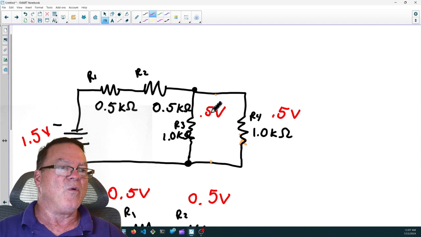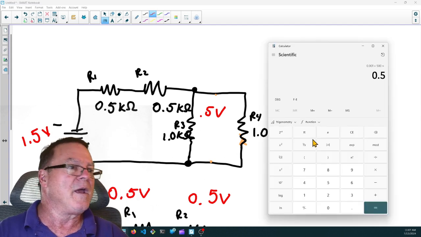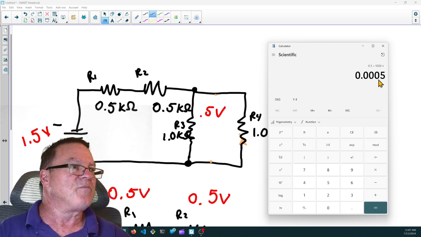So here, 0.5 volts divided by 1,000. Let's try that. 0.5 divided by 1,000 equals 0.0005 amps.